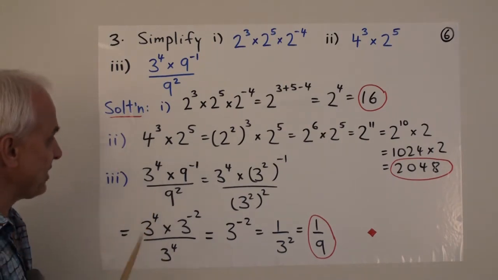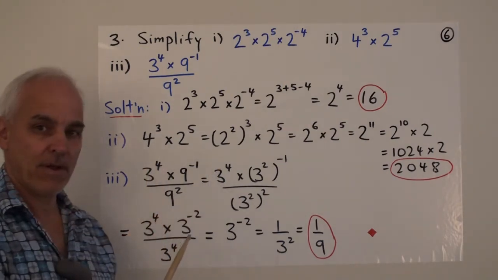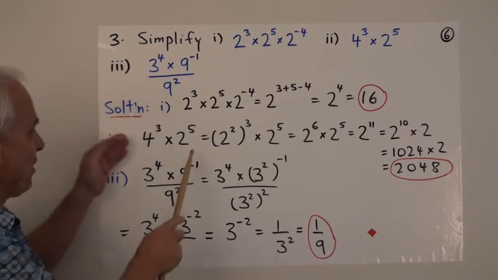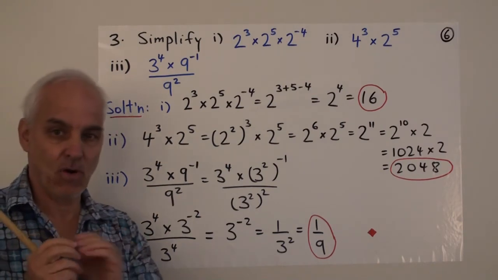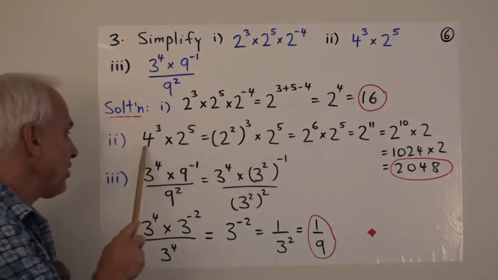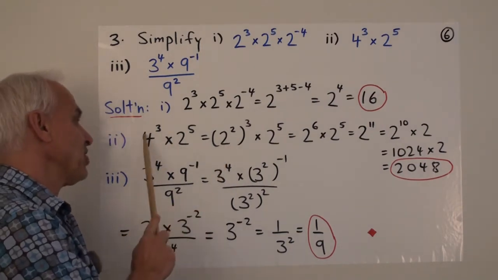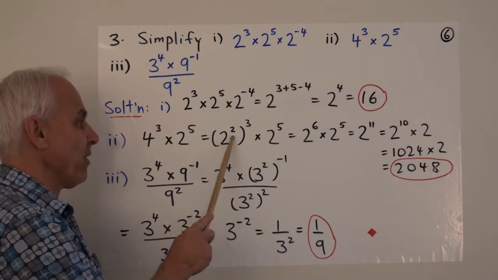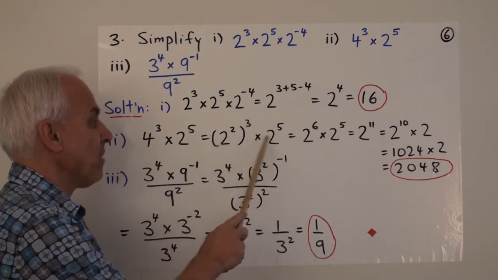And the observation that's the key one is that this number 4 is actually a power of 2. So with just a little bit of work, we can convert this into a question that has bases of 2 all the way through. So how do we do that? Well, we just write that 4 is 2 squared. We just replace this 4 with a 2 squared. So now we'll have 2 squared all cubed times 2 to the 5th.